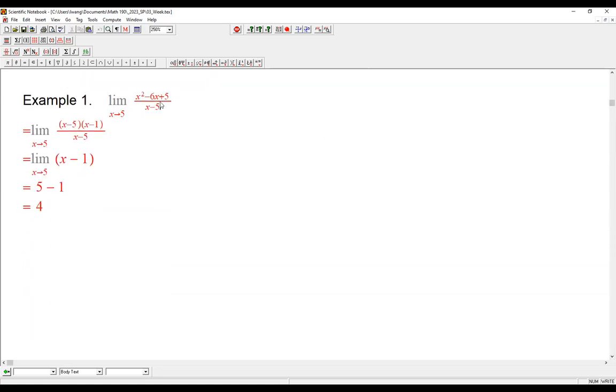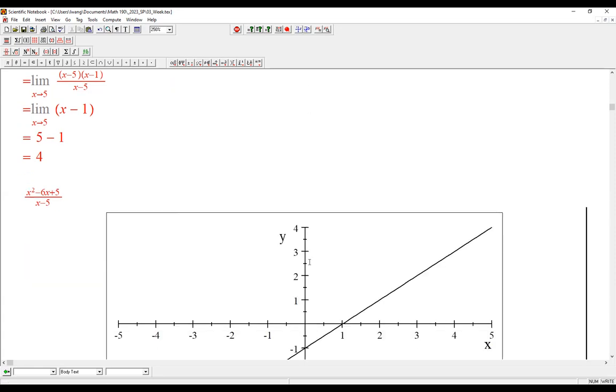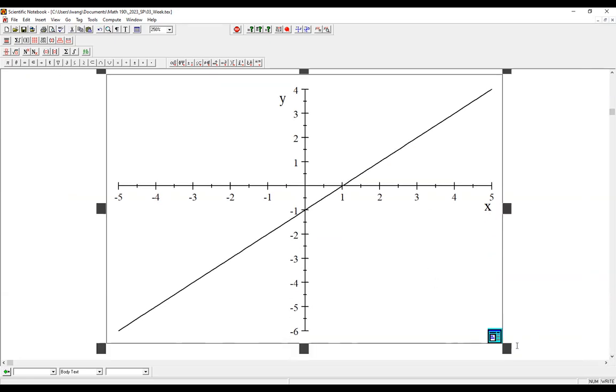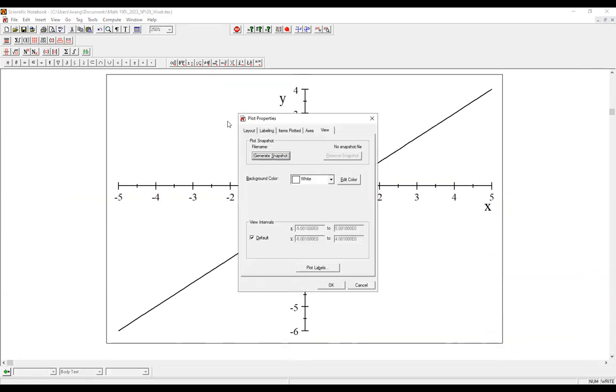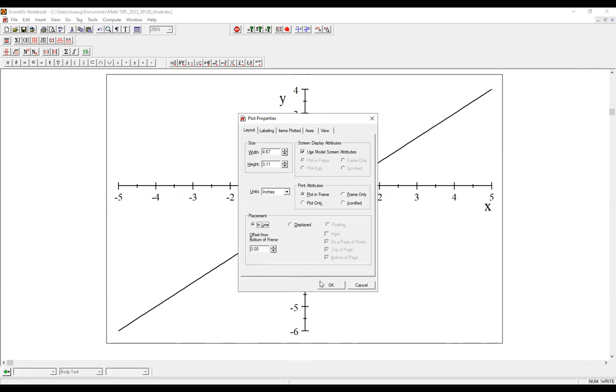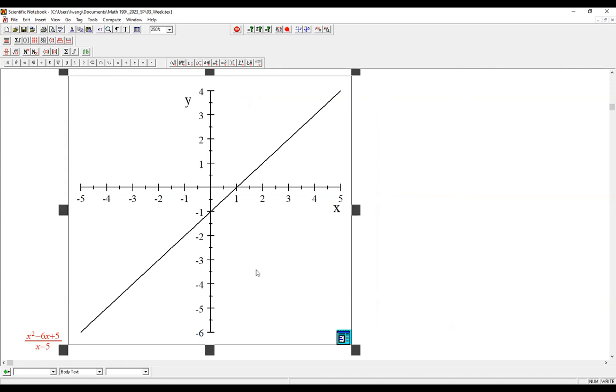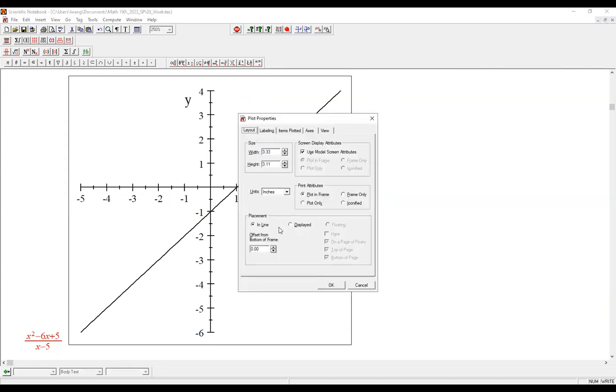So if we treat this as a function, certainly we can graph it. We graphed it. This is a graph of the function. But this function is not defined at 5, because it's not in the domain.